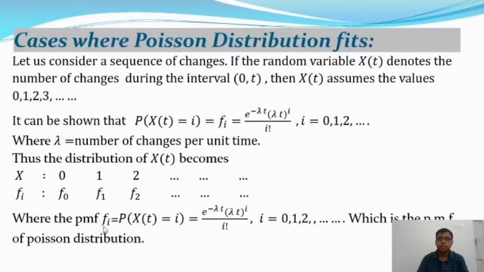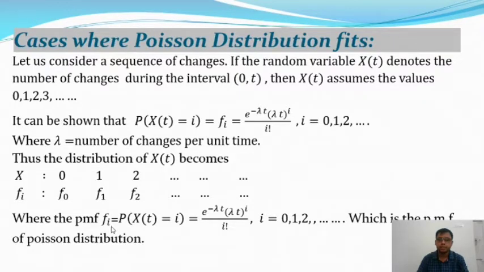The probability mass function f_i at X of t equal to i, where X of t lies in the interval 0 comma t, and X of t is the number of changes during the interval 0 comma t. I discussed in the previous slide that capital X is the variate.